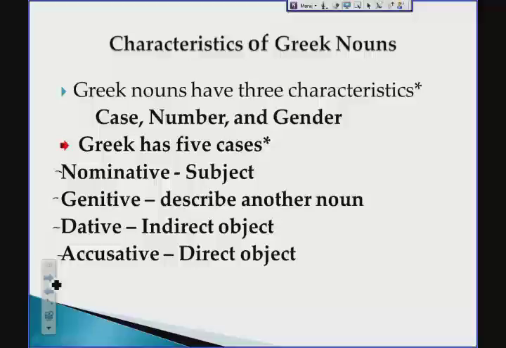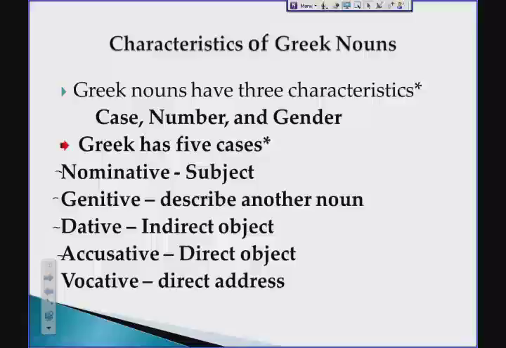Okay? Now, the third one, or the last one, vocative. You always use this in church, brothers and sisters. You are addressing them. It's a direct address. In politics, they use it. Comrades, you want to address them. You call for their attention.